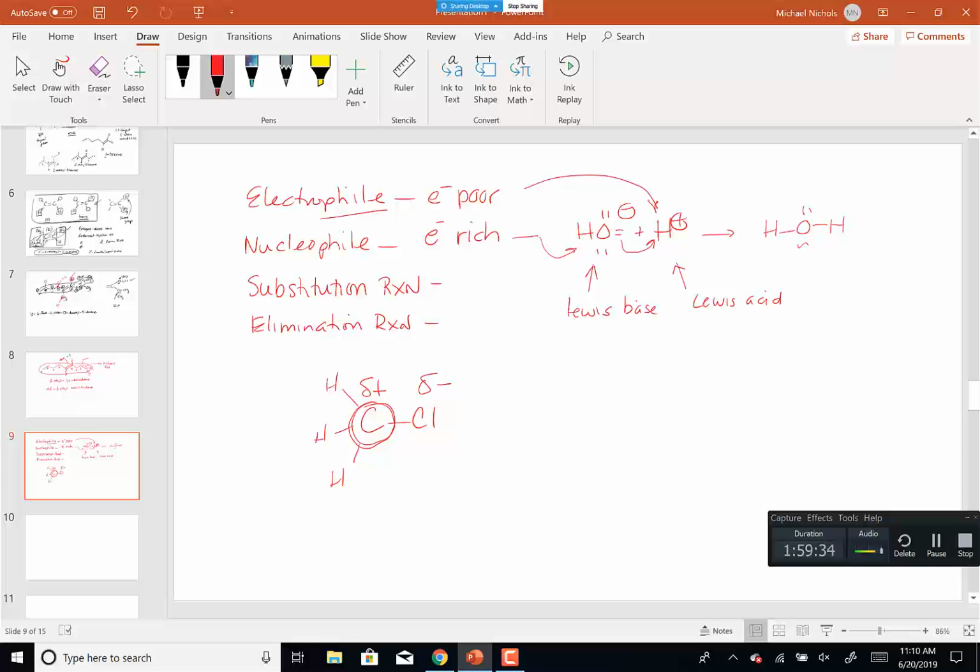So that electrophile could react with our hydroxide that's electron rich. And so what will happen in some cases is that we will have a nucleophile with a negative charge, and it will come in and it will want to share its electrons with that electron poor carbon.